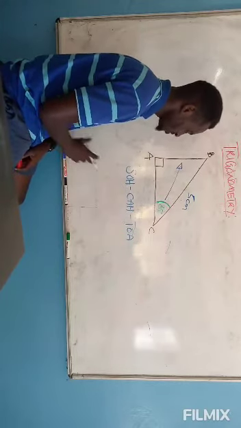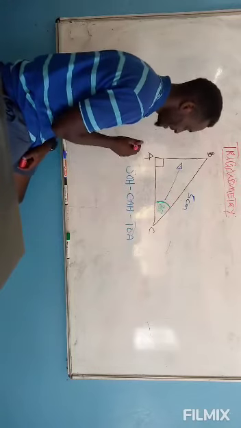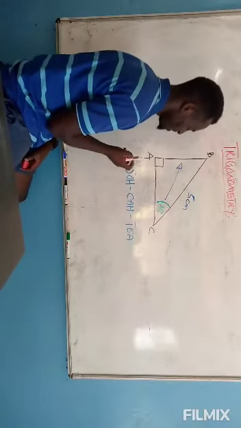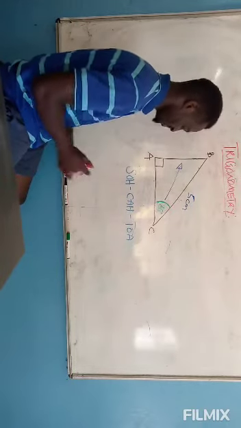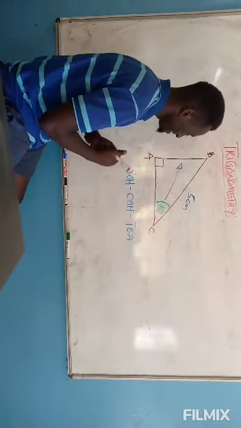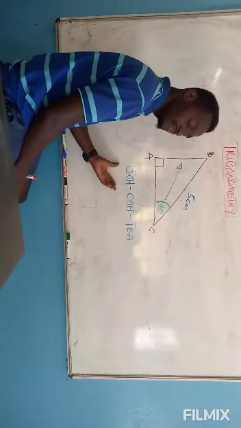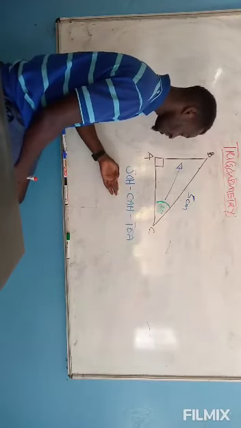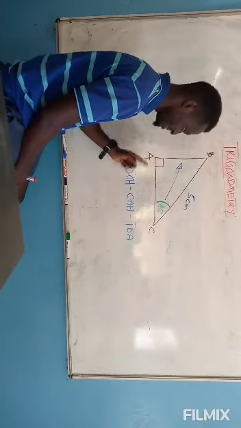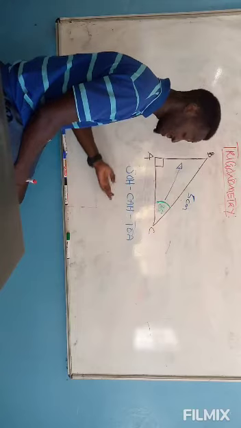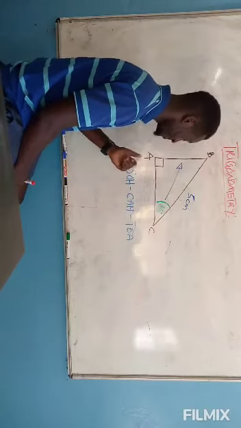If I was asked to find side AC, I'll have to identify which trigonometrical ratio I can apply to find side AC. It's not any trigonometrical ratio that can apply when finding this side.